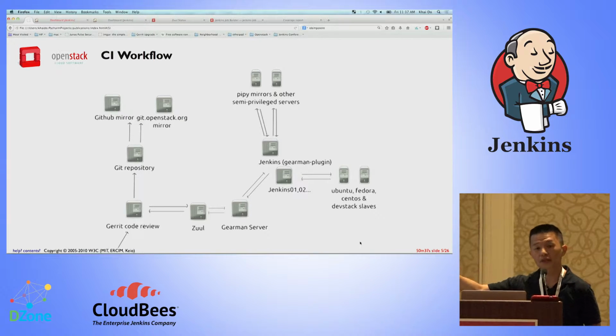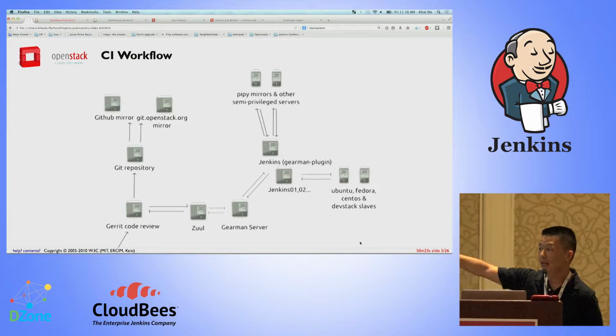Gerrit is our code review tool. Once it hits Gerrit, we code review that manually. Then that gets passed through to Zuul, which goes into the Gearman pipeline and onto our Jenkins masters. And you'll see that we have multiple Jenkins masters that run our jobs.